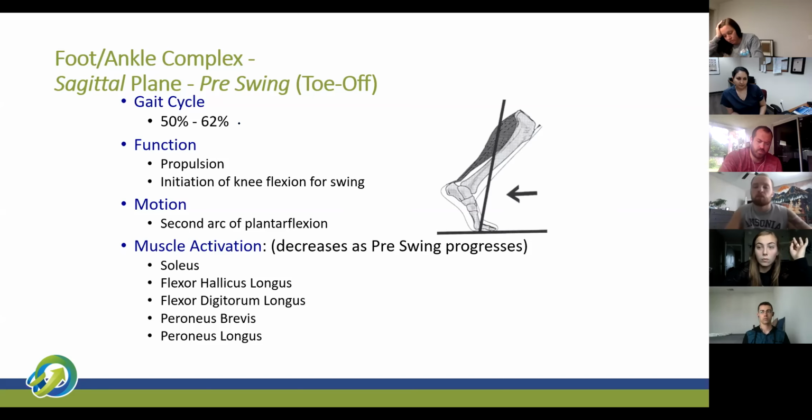So in stance phase, we have 2 arcs or occurrences of plantar flexion, one in the beginning and one at the end of terminal stance and pre-swing. In between those 2 occurrences of plantar flexion, we have the dorsiflexion occurring from basically mid stance to terminal stance.